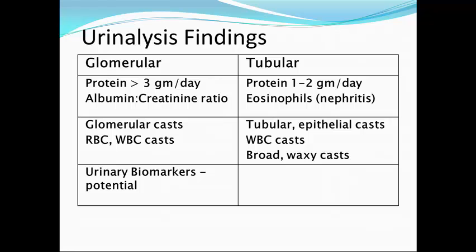In a tubular disorder, we look for tubular as well as epithelial casts, white cell casts, and remember those broad, waxy casts, which are a pathophysiologic manifestation of advanced kidney disease and tubular damage. And then both in the glomerular as well as the tubular, we have potential urinary biomarkers. And that's something that you'll have an opportunity to look for increasingly in your practice.